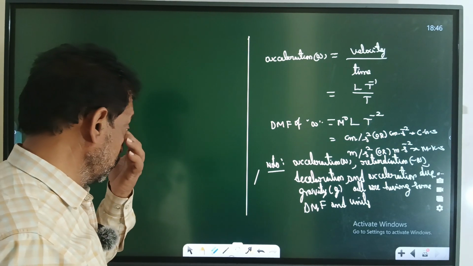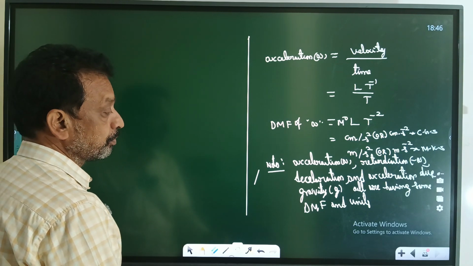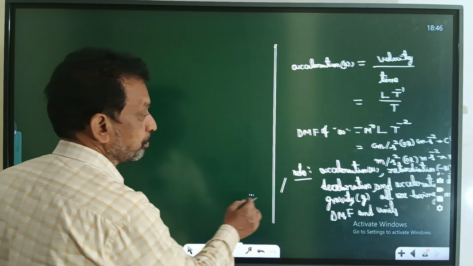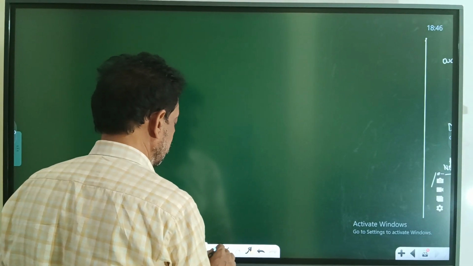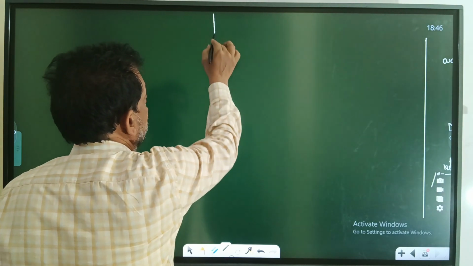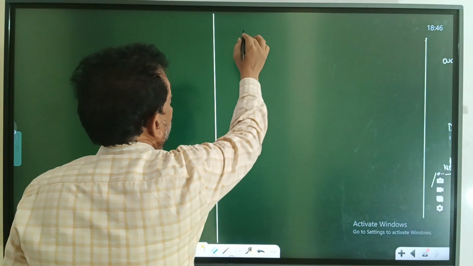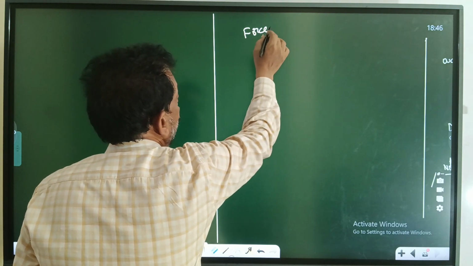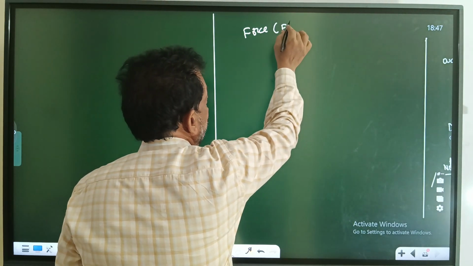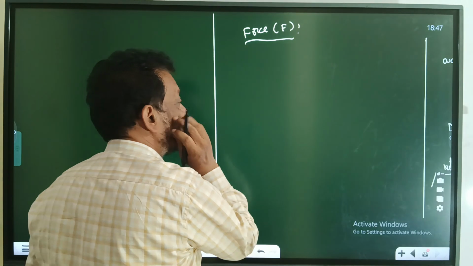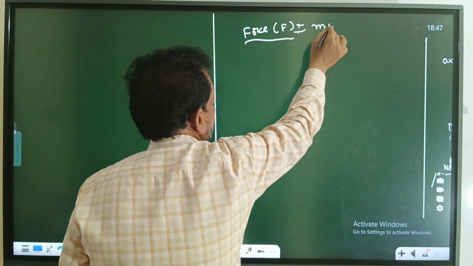Next, you can go to write force. Daily we are seeing force. What is the definition of force? The definition of force is pull or push. Formula: force F is equal to ma, mass into acceleration.